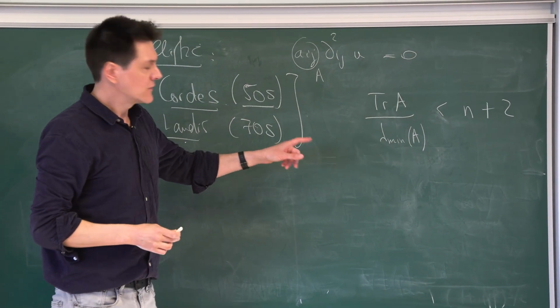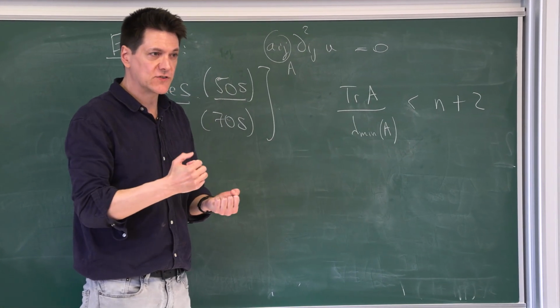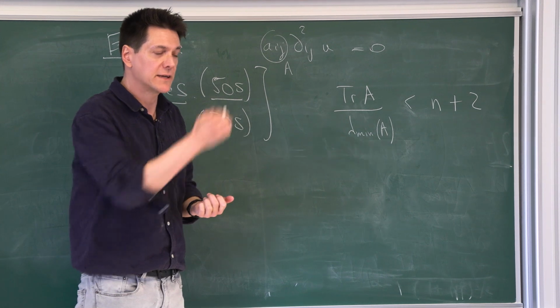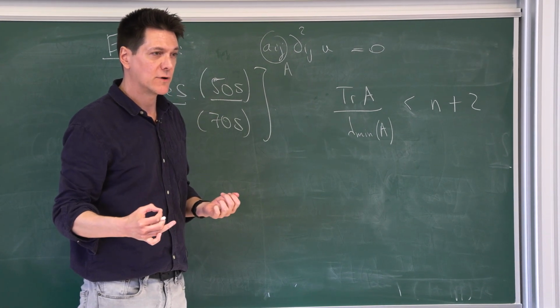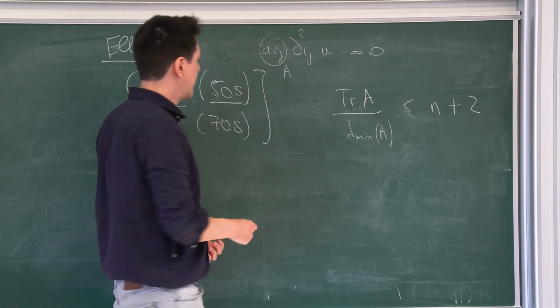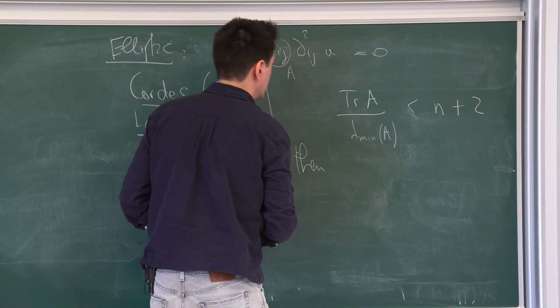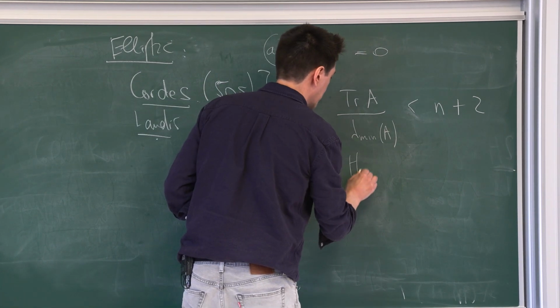But anyway, you see, it's a very rigid condition. It tells you that the matrix is not far from being diagonal with the same eigenvalue on all entries. Then you have again the Hölder regularity.